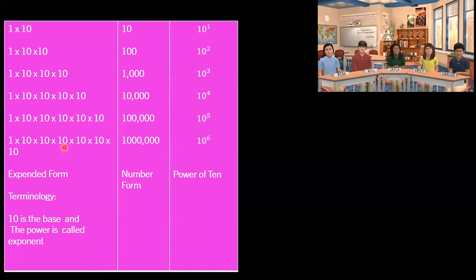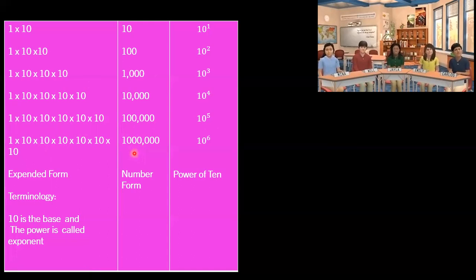Same thing with the million. How many zeros does a million have? 6 zeros. So the power of 10 is the power 6. This is called the number form.